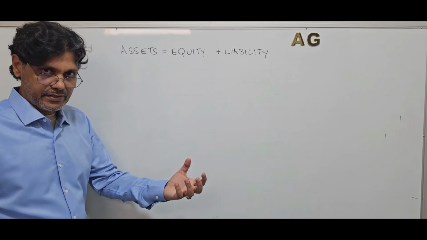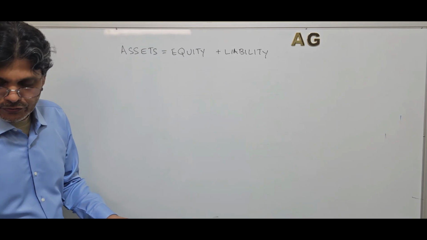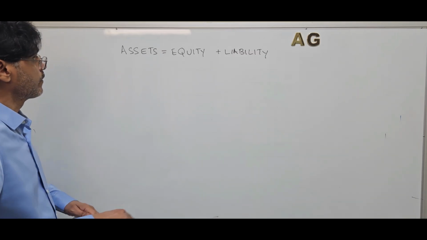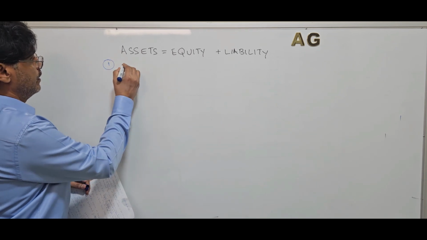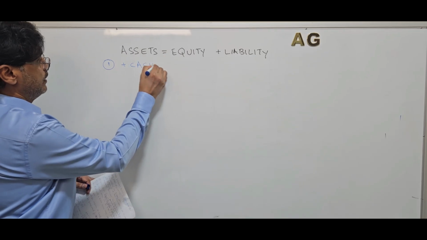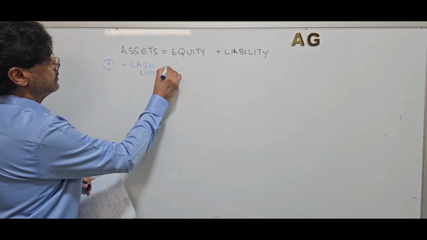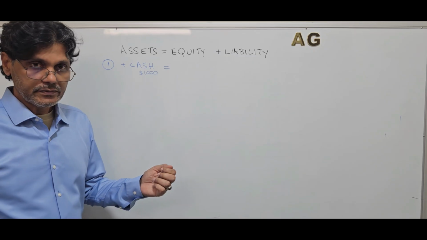Cash is an asset, so asset will increase. For the first transaction, cash, an asset, will increase by $1,000. So this is the first impact.